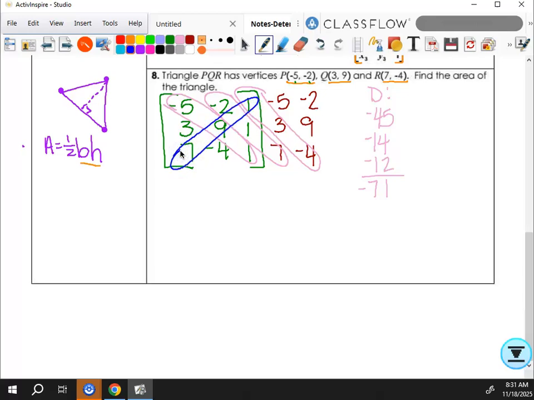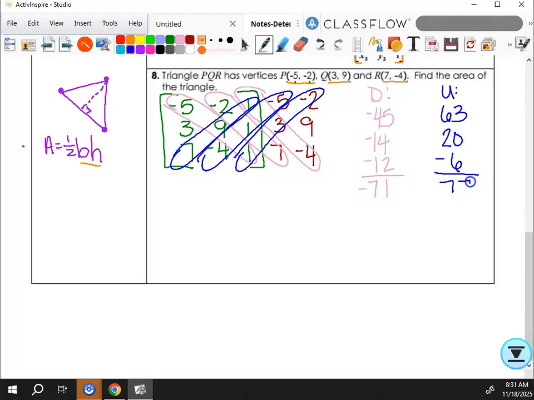So 7 times 9 is 63, and that's positive. And then this will give me a positive 20. And this gives me a negative 6.